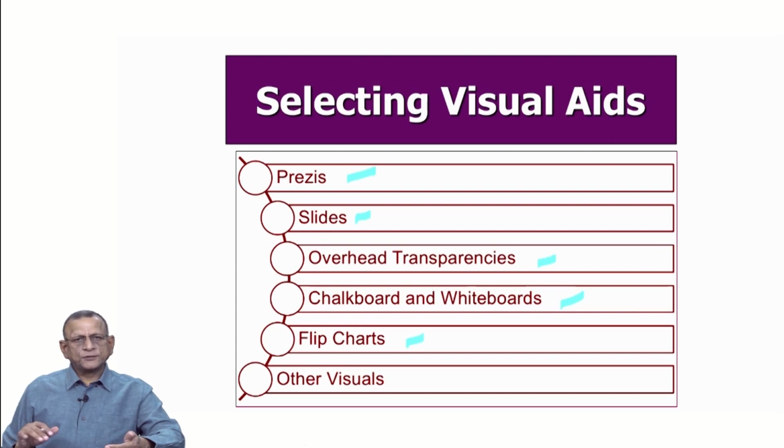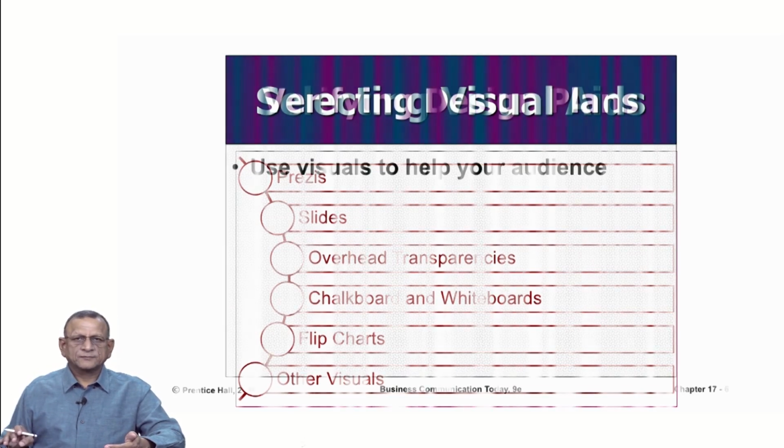The sheets can be used again and again or may be discarded. And then finally we may have other visuals also. You are in a position to demonstrate something live, you are showing something. So, a lot of other visual options are there.